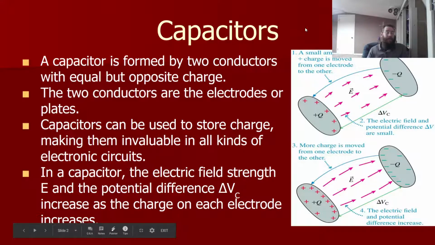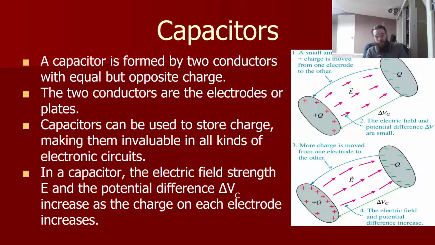So, capacitors. What is a capacitor? Well, a capacitor is essentially just two conductors that have equal but opposite charge. We've kind of looked at this in previous units, with the electric field, where we said, hey, if you've got two basic pieces of metal that are pretty flat, then we'll get a nice, uniform electric field between them.